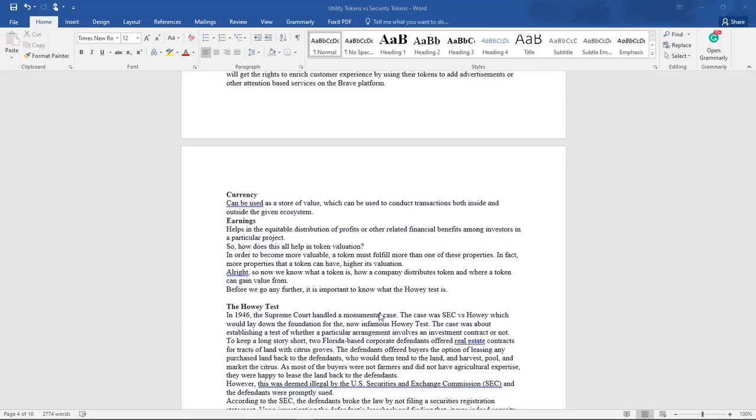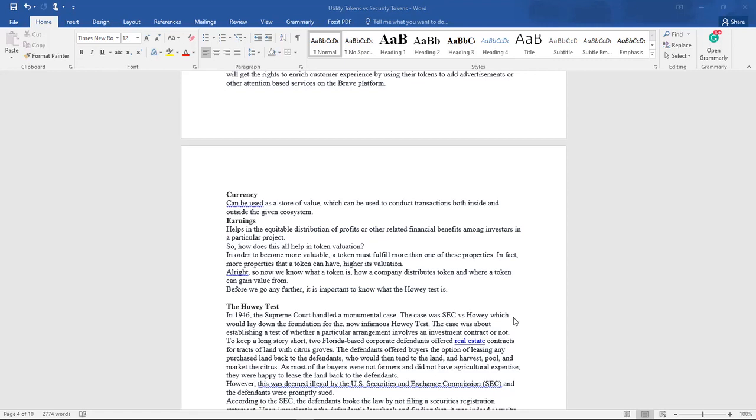So the Howey test. In 1946, the Supreme Court handled a monumental case, SEC versus Howey, which would lay down the foundation for the now infamous Howey test. The case was about establishing a test of whether a particular arrangement involves an investment contract or not.